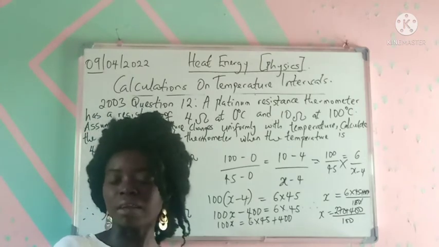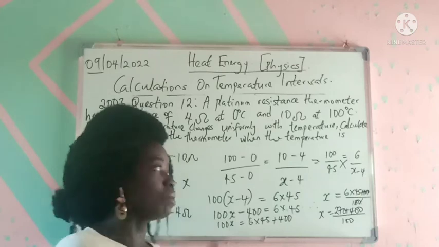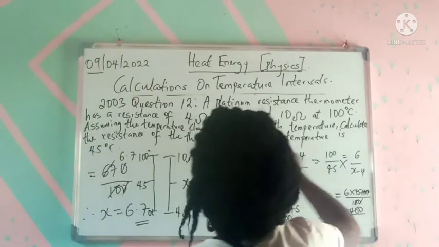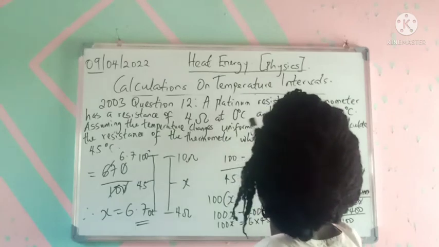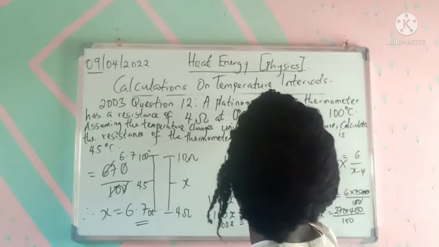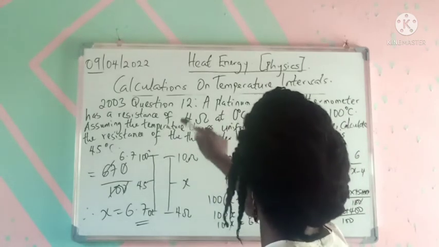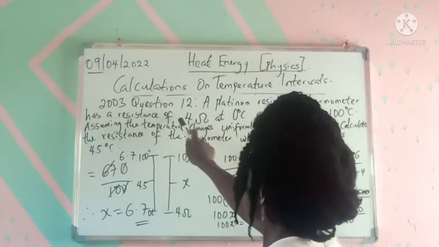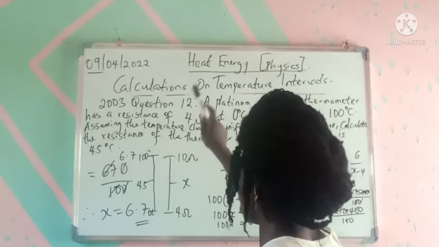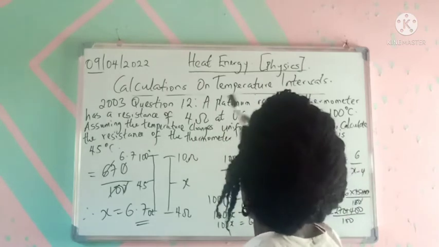If I'm given this kind of question to solve, I know that from 0 degree to 45 degree, the temperature increased. So I'm not expecting my value when I finish solving to be less than 4 degree here, which is the lower limit for this temperature. That's the lower fixed point.